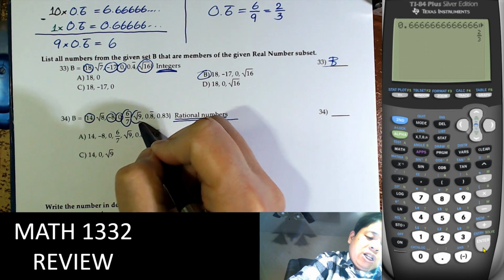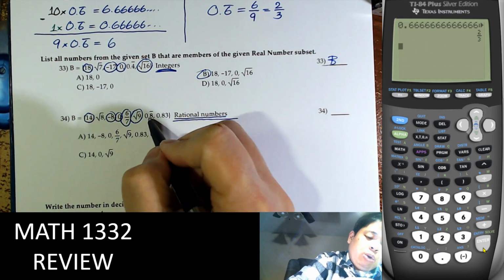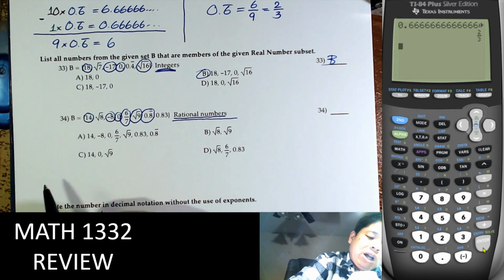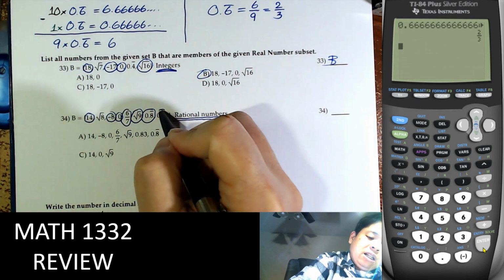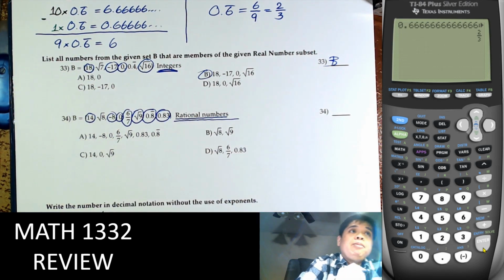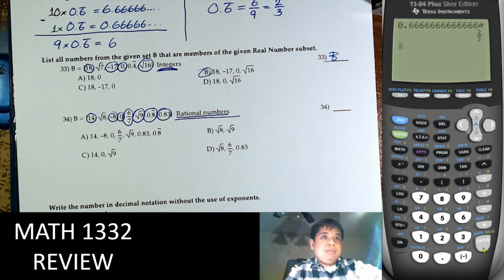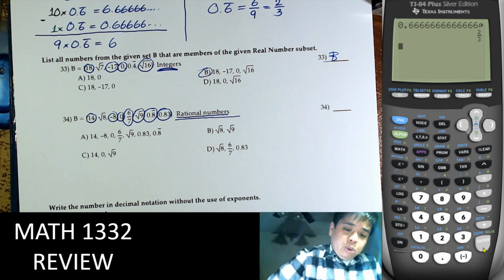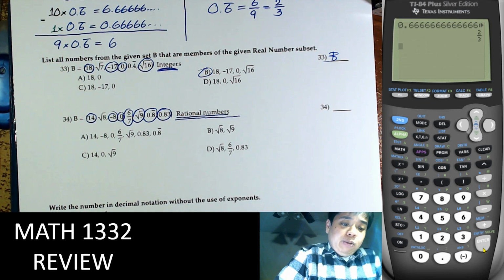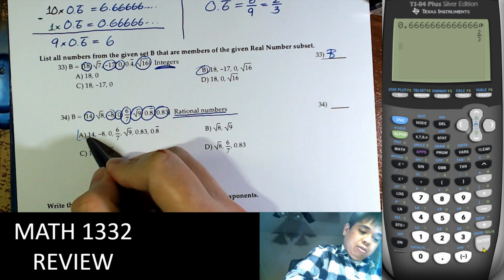The square root of 9 is 3, a rational number. Repeating is also rational. Terminating, meaning it does not go on forever, is rational too. So pretty much everything is rational except for the square root of 8. So it will be this one.